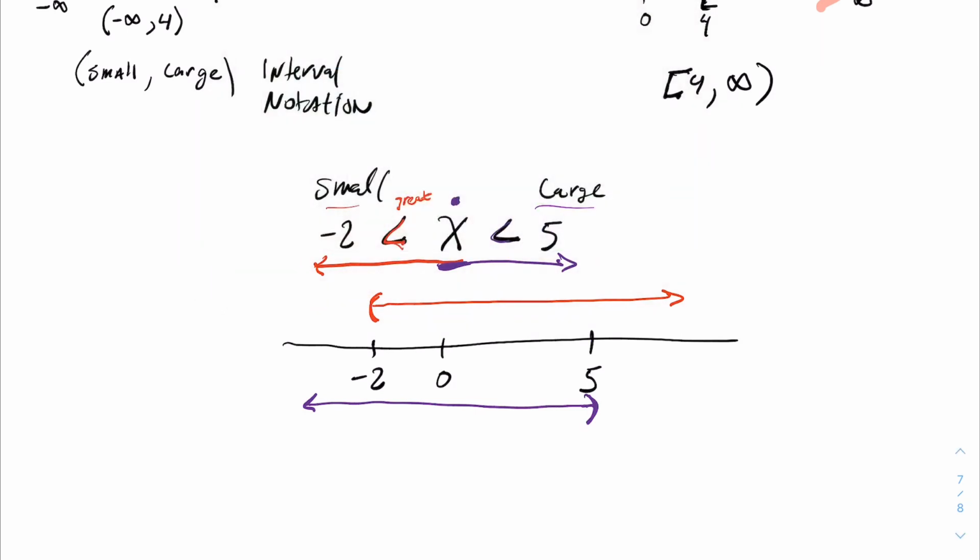It works for both problems, so x is greater than -2 and also less than 5 all along this interval. Now we need to figure out the endpoints. -2 is not inclusive, so we use a parenthesis, not a bracket. And 5 is also not inclusive. It's open, so we use a parenthesis, not a bracket.